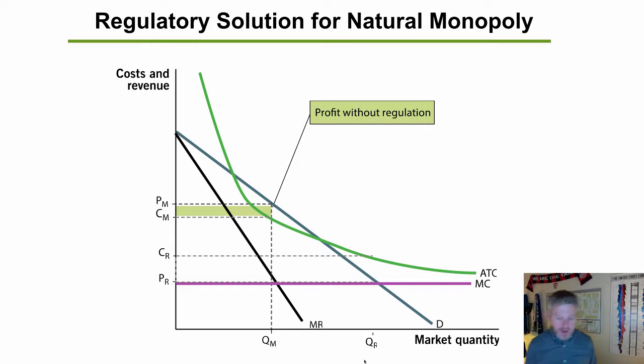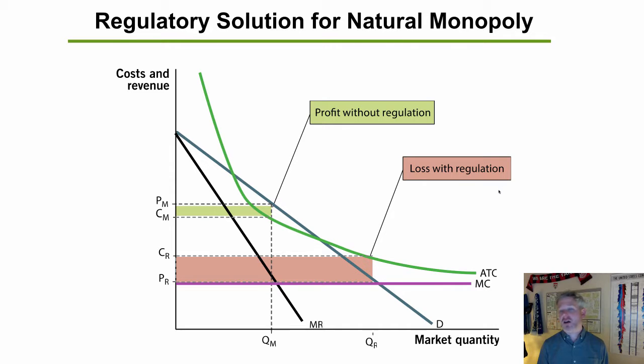All right. Well, notice what happens in this monopolist case. If they set quantity where price equals marginal cost, the firm's cost might be above the price that they're charging, and that might result in a loss with regulation. So simple marginal cost pricing doesn't always work as a way to address the natural monopoly, because this monopolist will actually now be operating at a loss and will actually shut down.